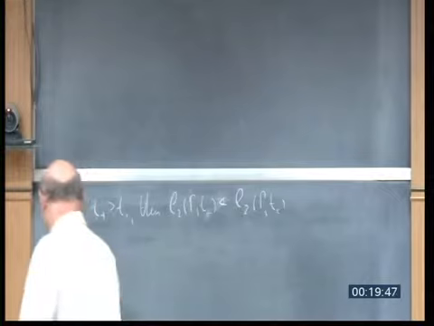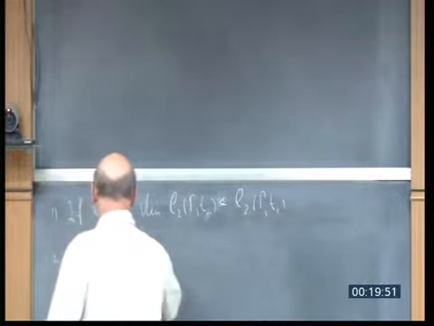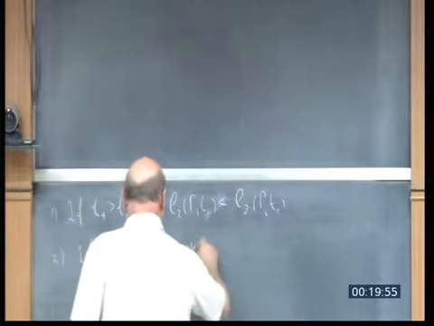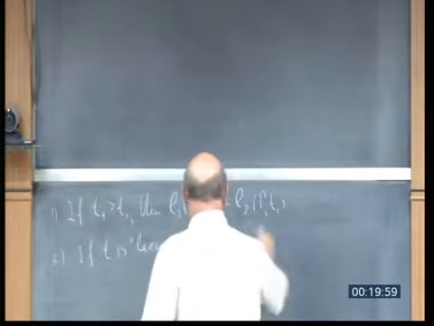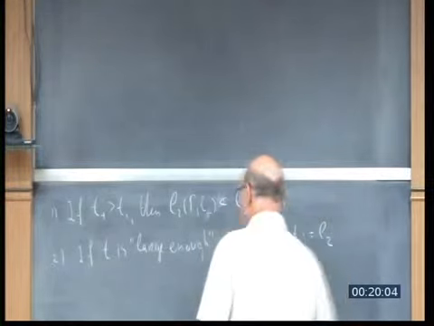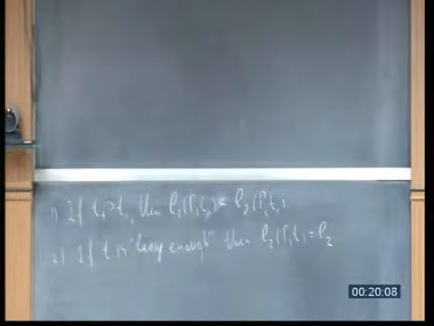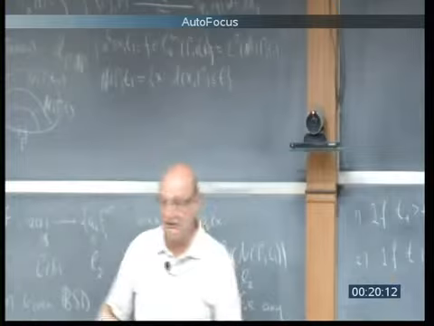The second thing: if T is large enough, then L2 of gamma T is the whole L2. Why is that? We agreed, or rather I imposed, the condition that our manifold is compact.